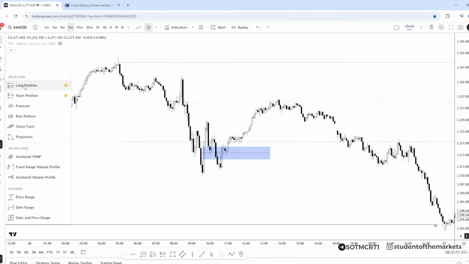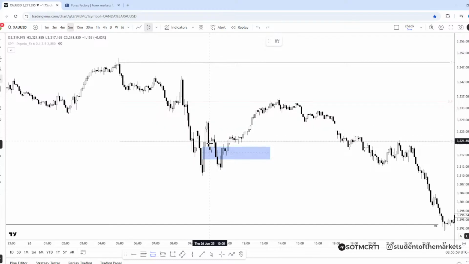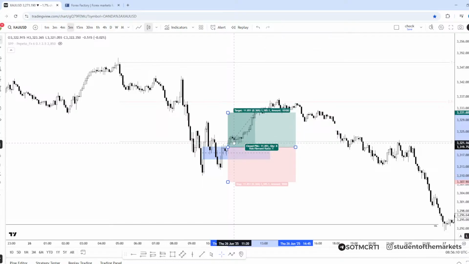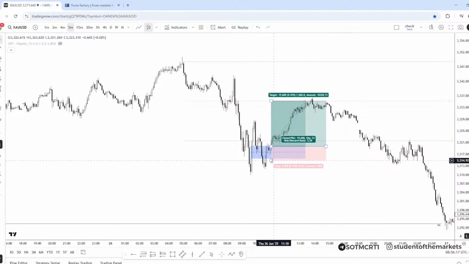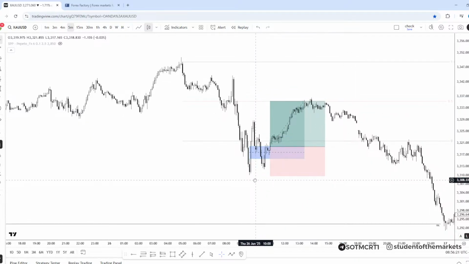So the thing is that I didn't want price to close below it, right? But the price did close below it, then closed back above, and as soon as price did close above this fair value gap, this was at 11 a.m., you could have looked for the entry and then aimed for a 50% of the range with stop loss below the fair value gap or down below these lows.